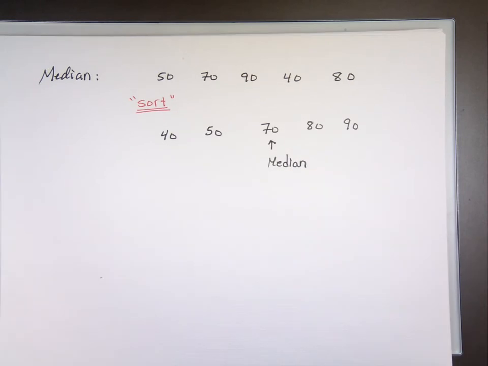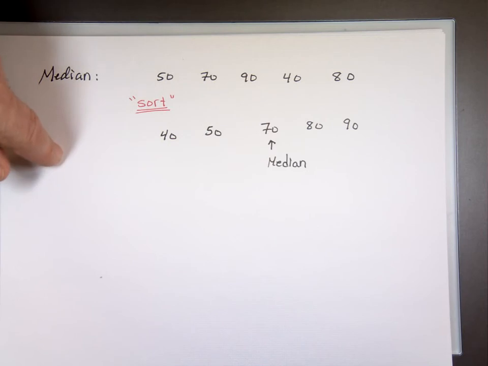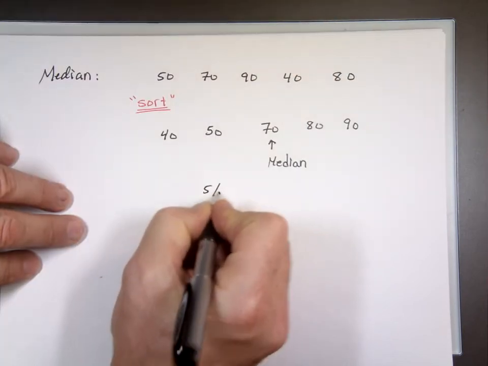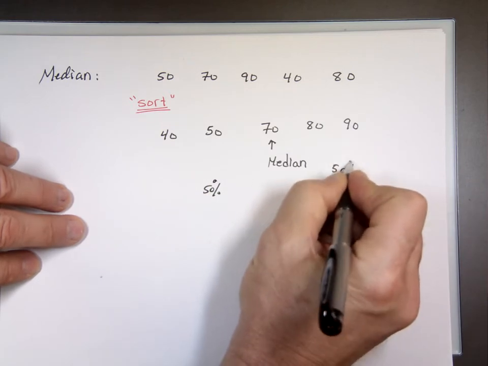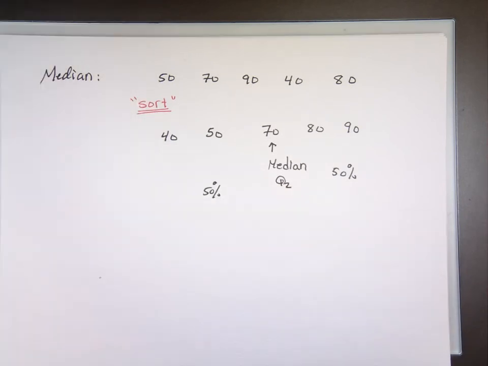Why? 50% of the values are to the left of it, 50% to the right of it. You asked me about quartiles. This is actually Q2, second quartile. Think of 2 quarters. It takes the list and separates the 50% below, 50% above the number.